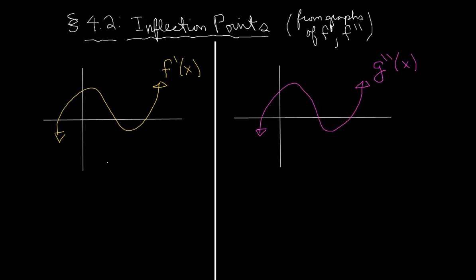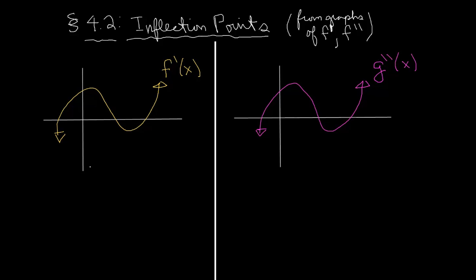So let's look at this picture first on the left, f prime, and I want to find the inflection points. So remember, what does it mean to be an inflection point? It means that the concavity changes. Well, how do you know that the concavity is going to change? You know that something will be concave up when the derivative is increasing.